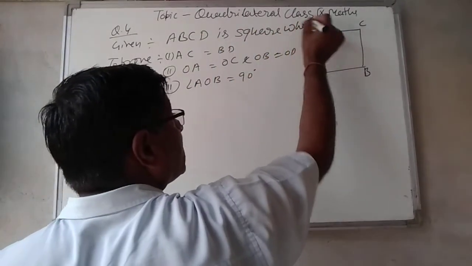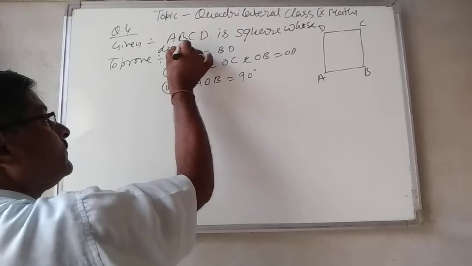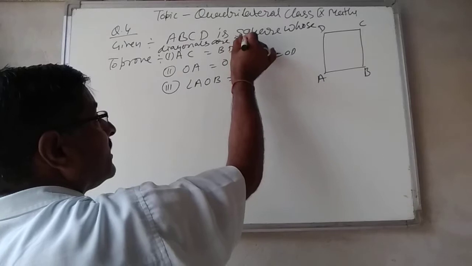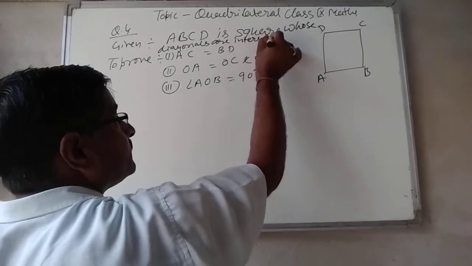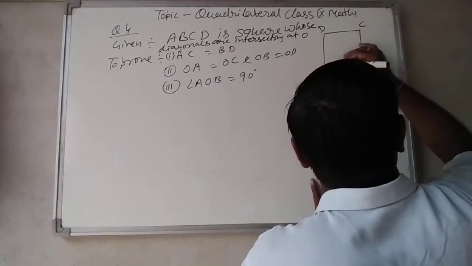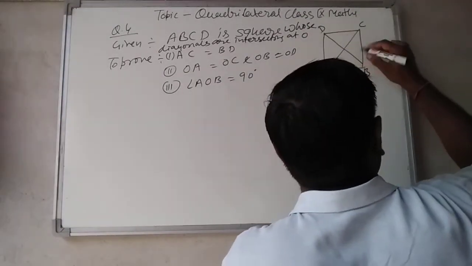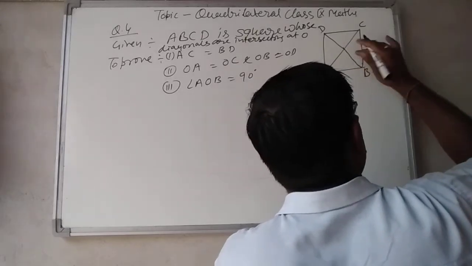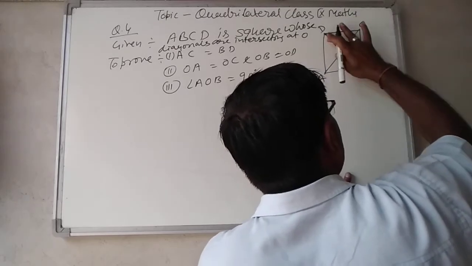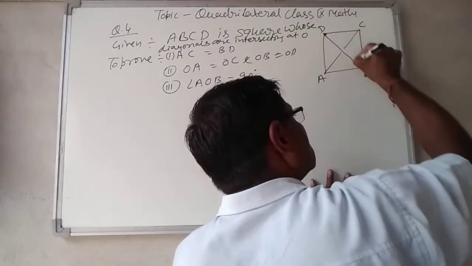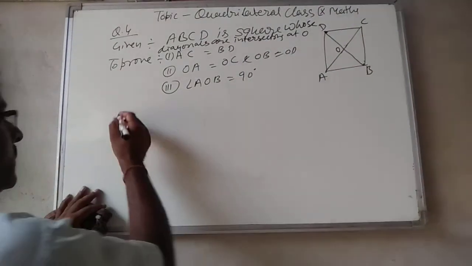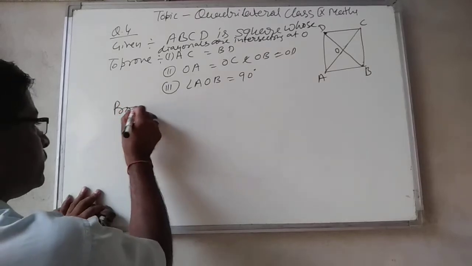You can add one more line: whose diagonals are intersecting at O. No construction needed in the proof.